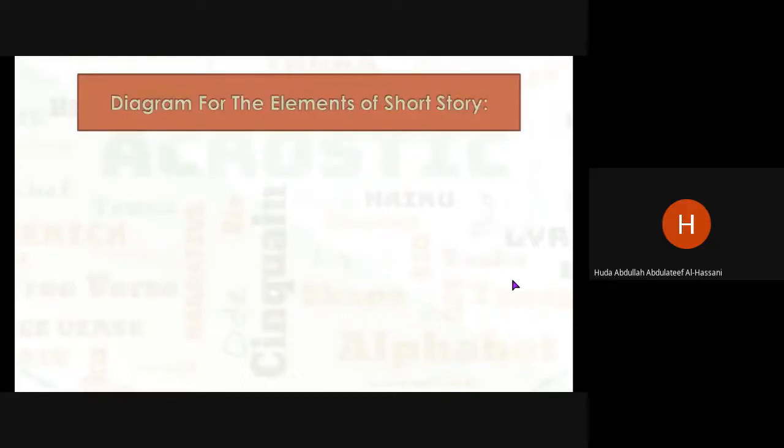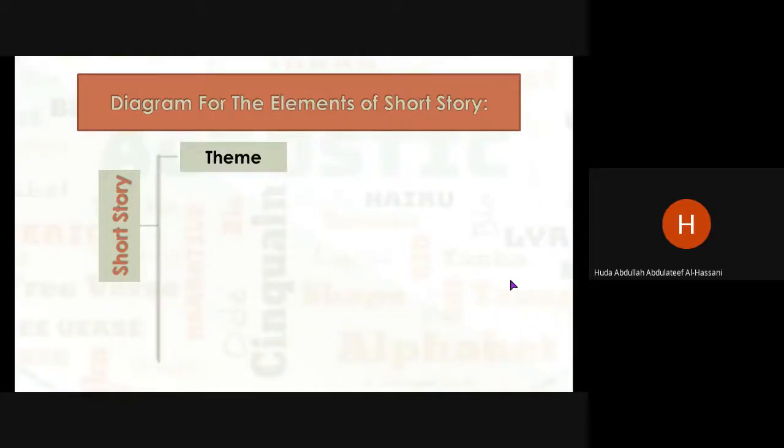Now I will move to a diagram for the elements of short story. Any short story, guys, actually should include the following. Theme. It is the main or major idea in the short story.